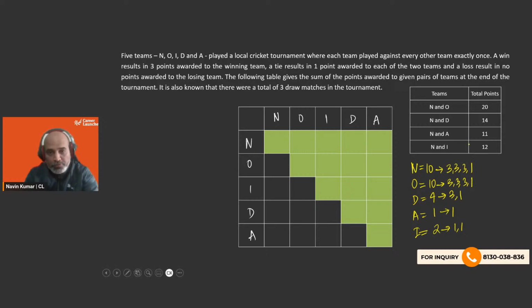Next step is to figure out between which pair of teams the draws happened. And the 3 wins of N and O each, those wins came from which particular teams, right? So for that, what we can do now is try to understand what combination will make that happen.